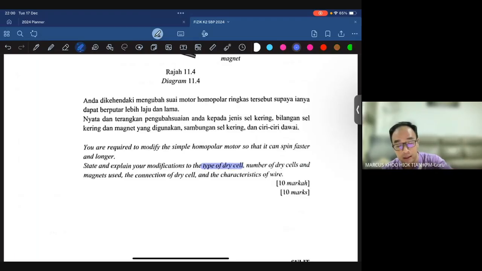Number 1, type of dry cell. Number 2, number of dry cells. Number 3, number of magnets used. Number 4, the connection. And number 5, the characteristics of wire. This is such a kind question. They give you all 5. I think this is quite easy.